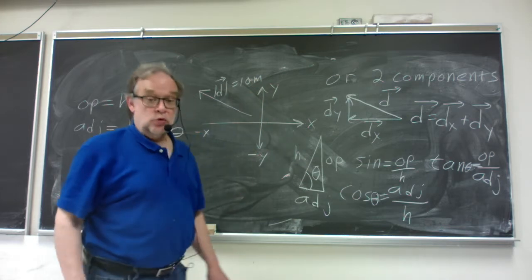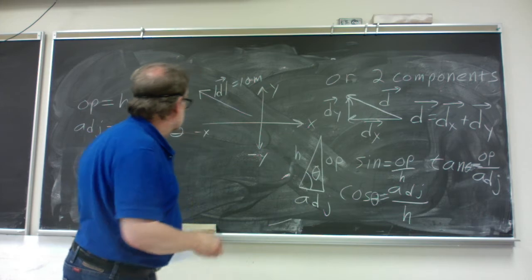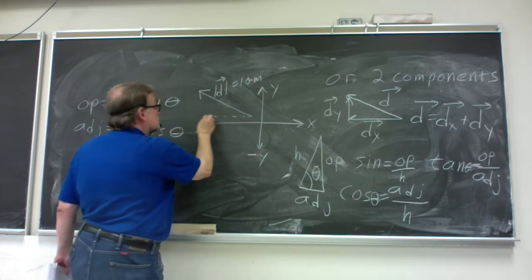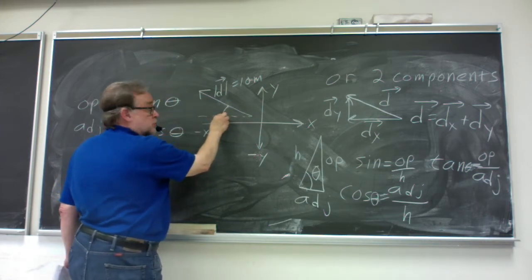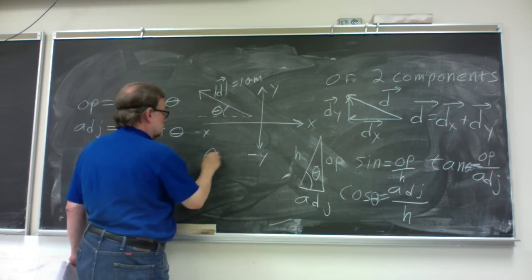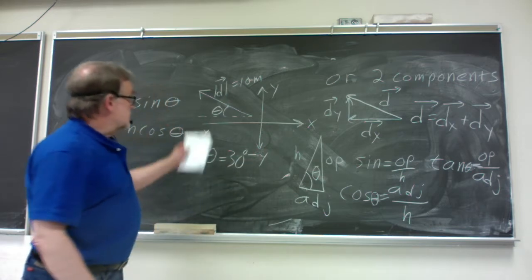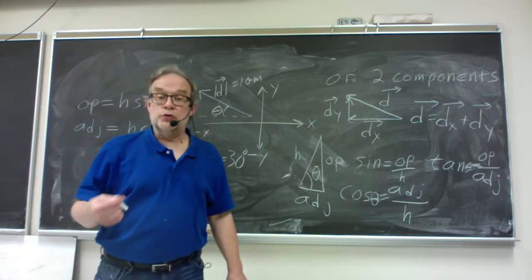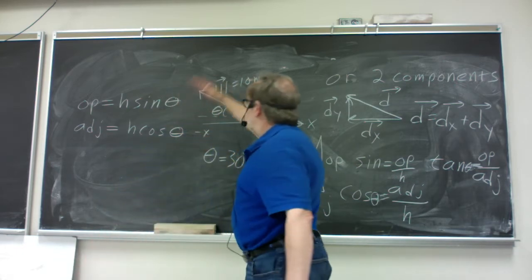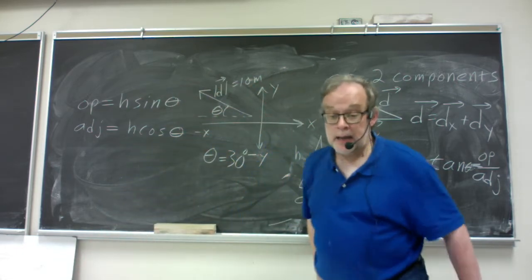And we'll say that the direction angle we're taking for our direction angle is 30 degrees. That is, D points 30 degrees counterclockwise with respect to the negative y-axis.